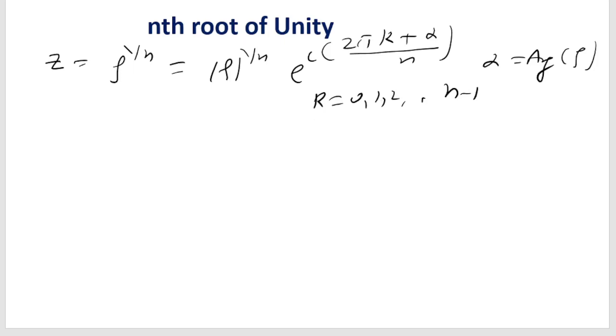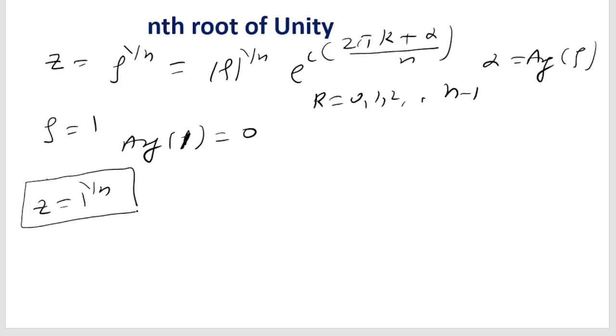Now in case of nth root of unity, this complex number is nothing but 1. So z will be 1. So rho is 1, so obviously the argument of rho, that is 1, is nothing but 0. For the nth root of unity, we'll write z as 1, that is e to the power i.